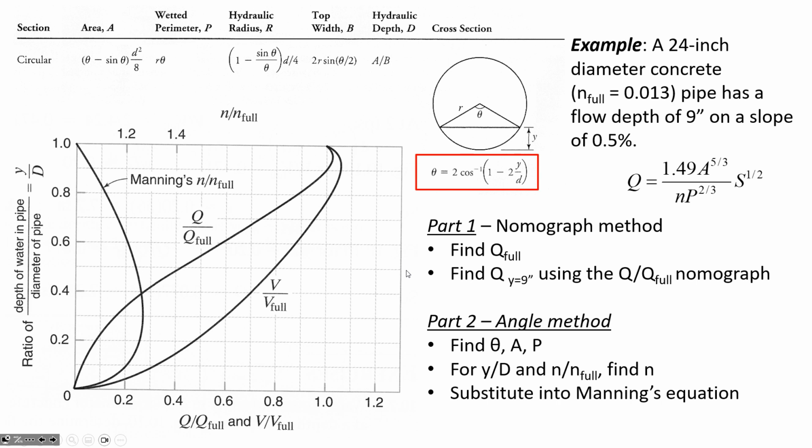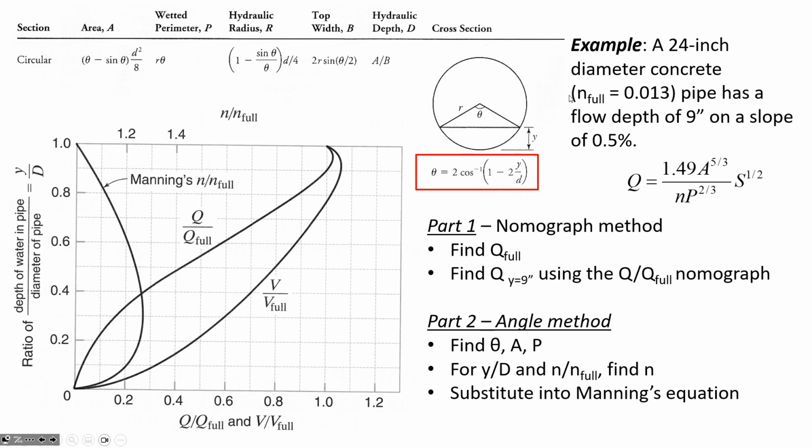In this example, a 24-inch pipe is 2 feet of diameter, so that's pi times 2 feet squared divided by 4. So the area, if the pipe is full, is 3.14159 square feet. And the wetted perimeter, if it's full, is pi d, so that is just pi times 2 feet, which is 6.283 feet.